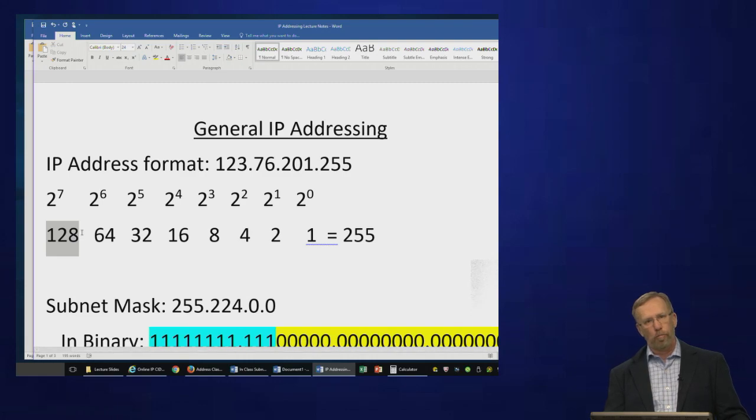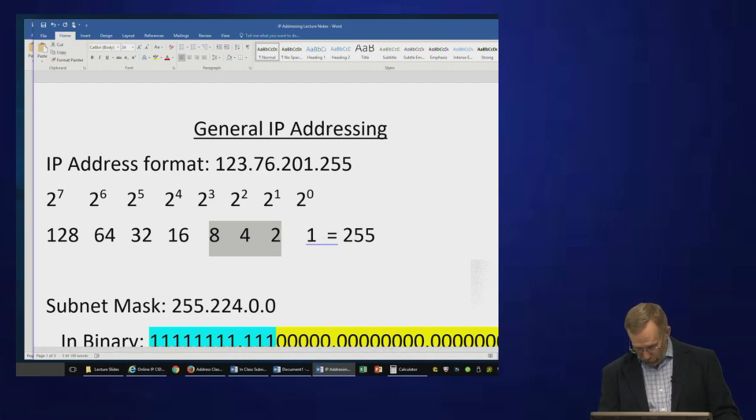So the first bit, the 2 to the 7th power bit, is a 1. And I subtract 128 from 142, and I'm left with 14. Can I subtract 64 from 14? No, so this bit's a 0. This bit's a 0. This bit's a 0. I got 14 that I'm working with. I can subtract 8 and 4 and 2, so those 3 bits are 1, and the last bit's 0.